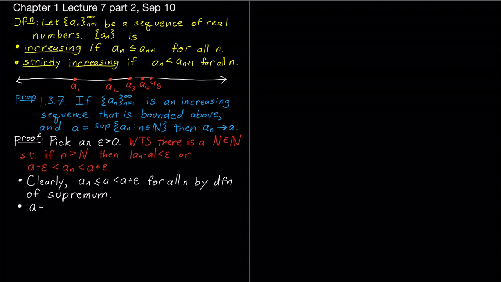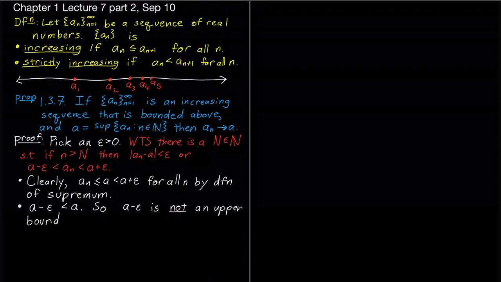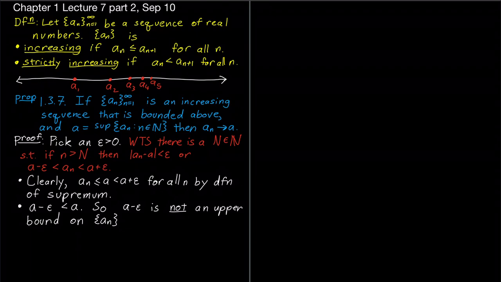So a minus epsilon is strictly less than a. So a minus epsilon is not an upper bound on the set of all the an's, because a is the supremum, the least upper bound, and a minus epsilon is less than the smallest upper bound.